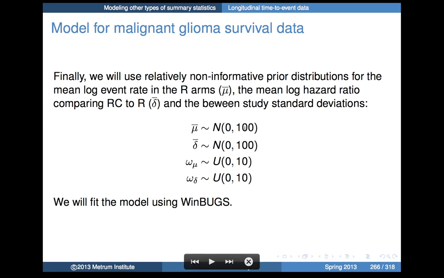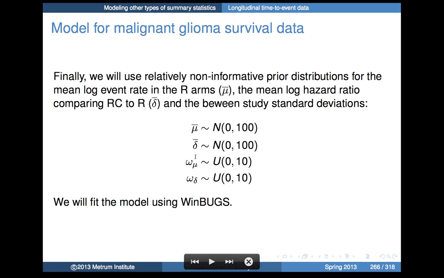If you think about these, this is a normal distribution for the log event rate in the radiotherapy and the log hazard ratio with mean 0 and standard deviation of 10. And that's on the log scale. So that covers quite a wide range on the log scale.